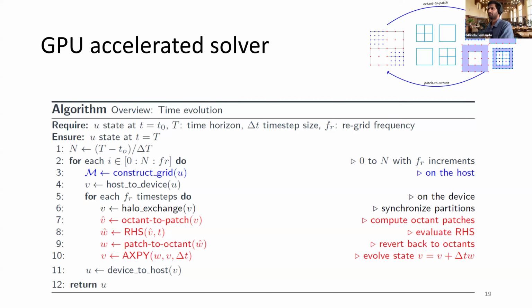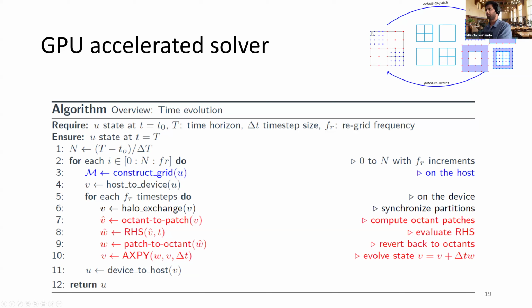The main idea is we perform our grid generation on the CPU, or the host, when we want to do the time integration of the BSSN equations on the GPU. The operations that are color coded are the ones that are offloaded to the GPUs.